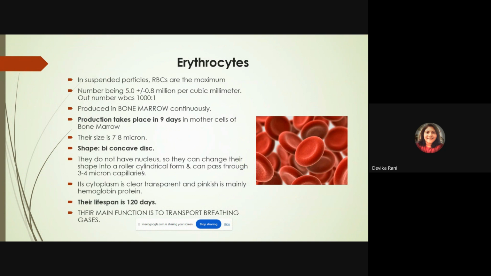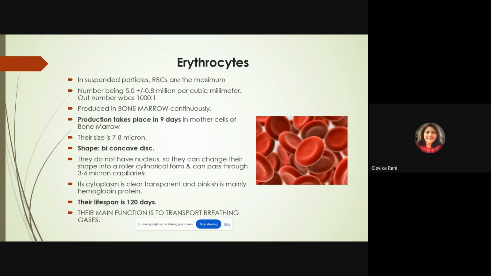Now, erythrocytes or red blood cells. Among the suspended cells in the blood, red blood cells are the maximum. Their number is 5 plus minus 0.8 million per cubic millimeter.